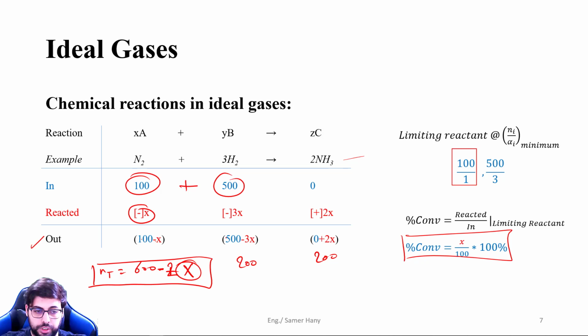All right? So that's at the very end of the reaction, if 100% conversion was obtained, the total mixture as a function of X based on this relation.